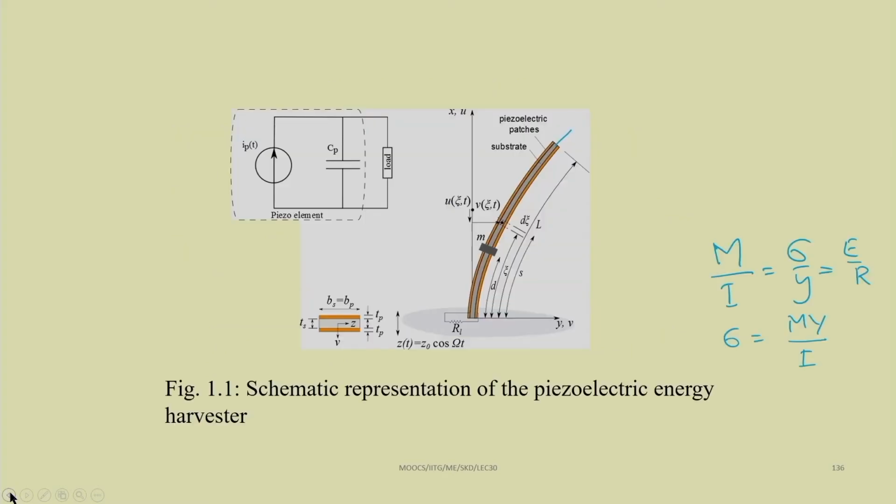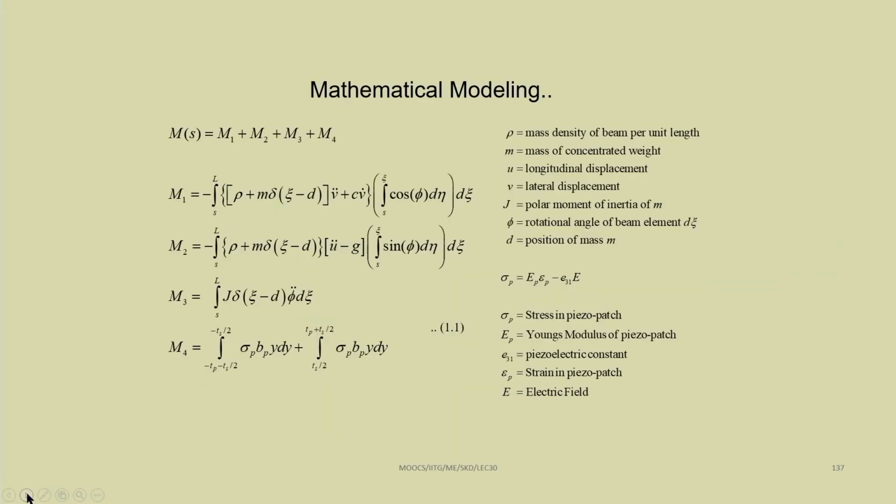This is position S, this mass is at a distance d. We have taken a dummy position zeta, and a small element d zeta.